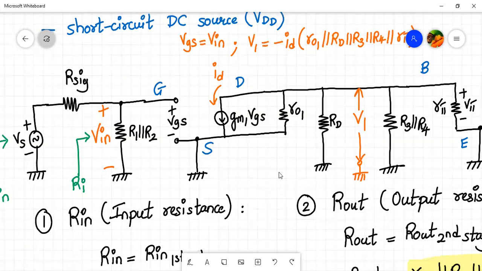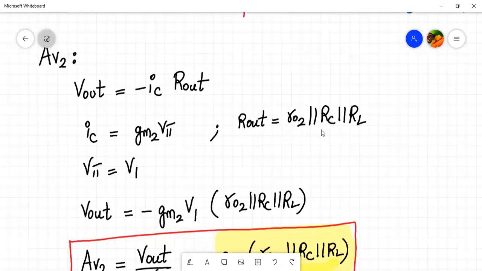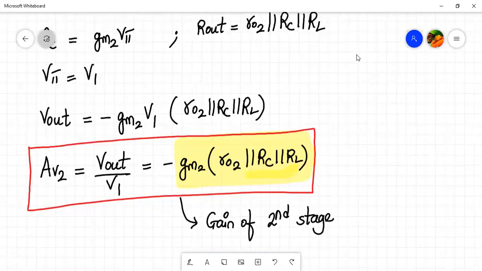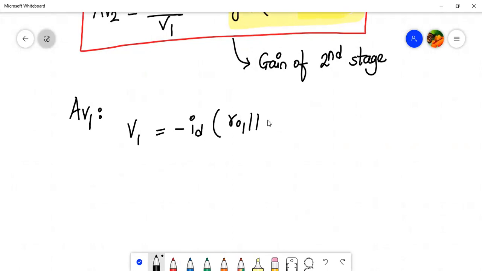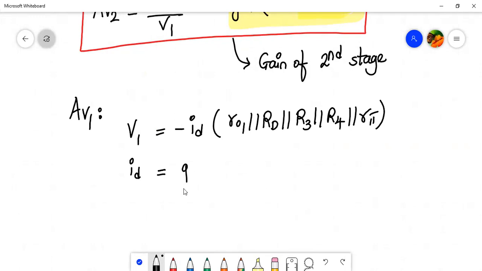So let me go down, and now we will concentrate on calculating AV1, gain of the first stage. So for calculating AV1, we are concentrating on V1. And what did we write for V1? Minus ID into ro1 parallel to RD, parallel to R3, parallel to R4, parallel to R pi, right? And what was the value of ID? ID was gm1 into VGS.